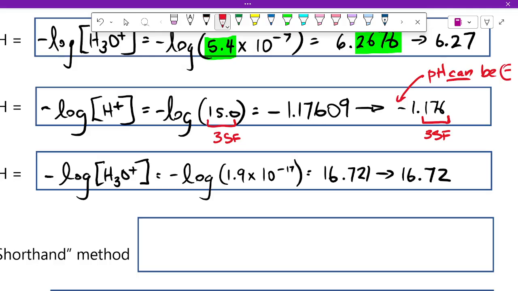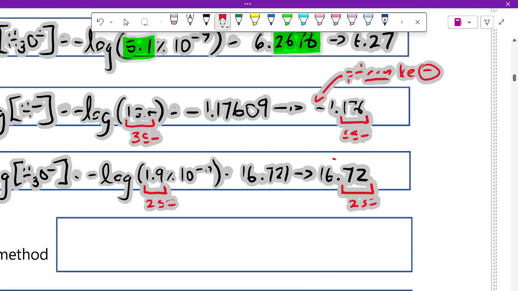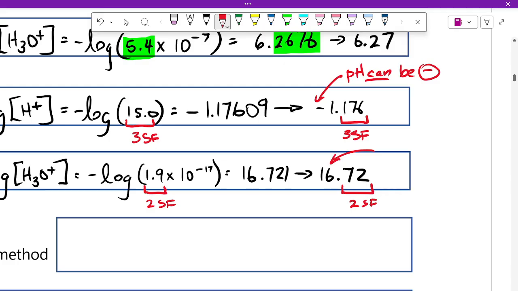And this last one I threw in here, well, number one, because again, we have two sig figs, to prove to you that pH can be greater than 14. But if you look at the concentration, 10 to the negative 17, that's tiny, right?